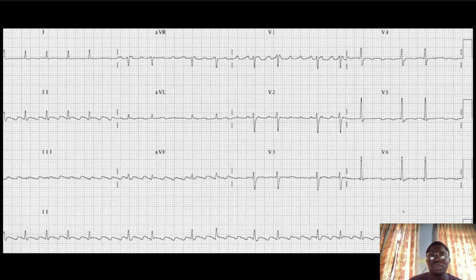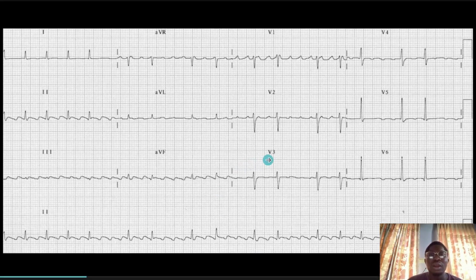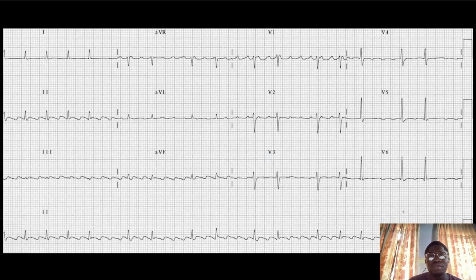We're going to analyze the axis. The heart axis, you analyze it by looking at lead 1, lead 2, lead 3, AVF, AVL, right? Those are the things that allow you to get a picture of the heart axis. So we have a positive QRS complex in lead 1, right?